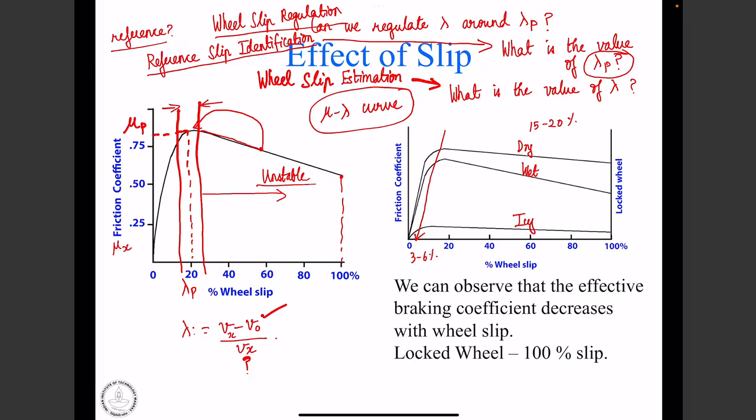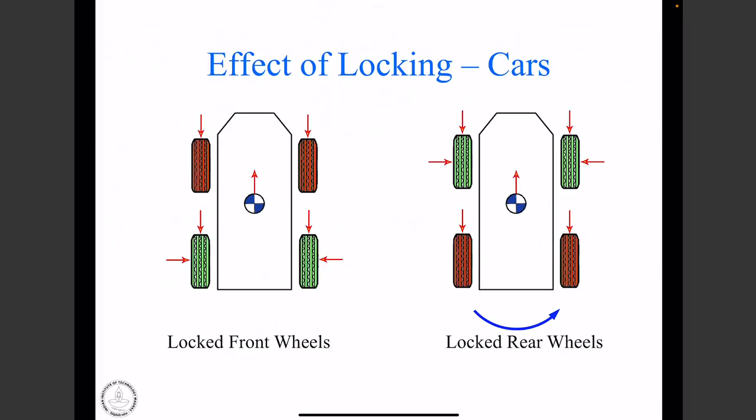All right, let's go ahead. Before we see how it is realized, this is something all of us would be familiar with. Let's say we take a passenger car and the front wheels lock. Typically, the front wheels are the ones which are steered, so we lose steerability. When the front wheels lock, we lose the ability to generate lateral forces at the front wheels.